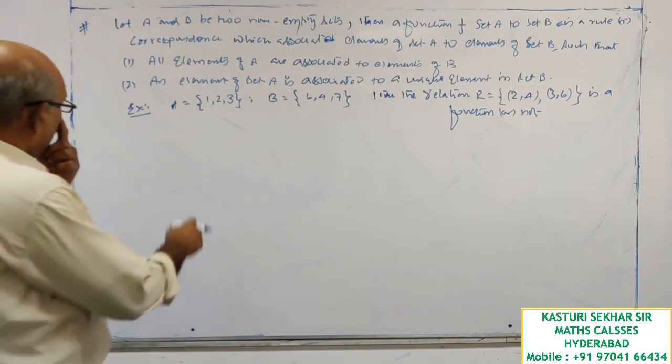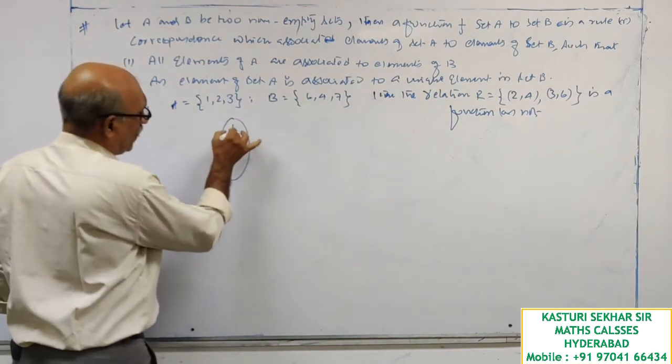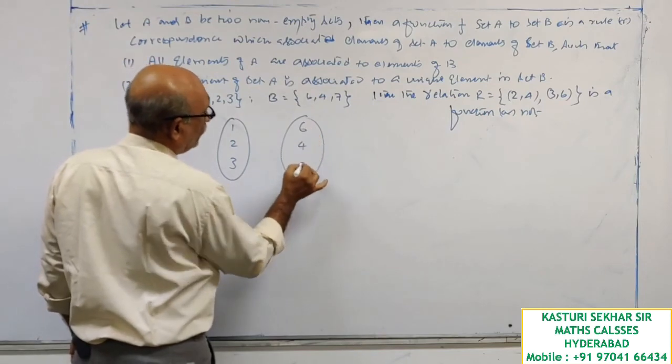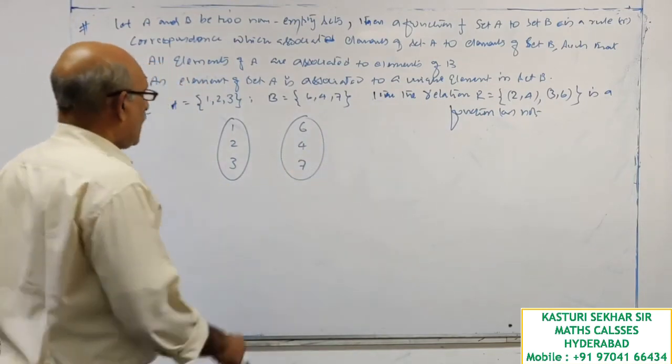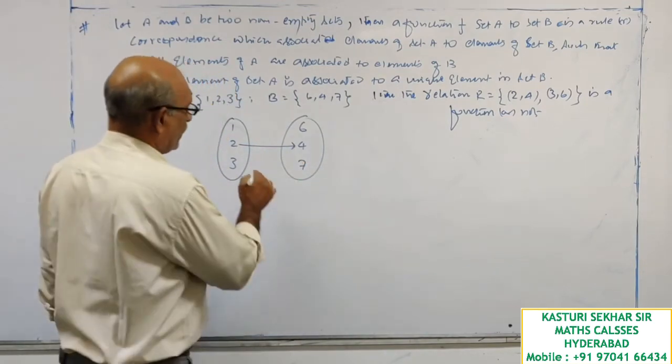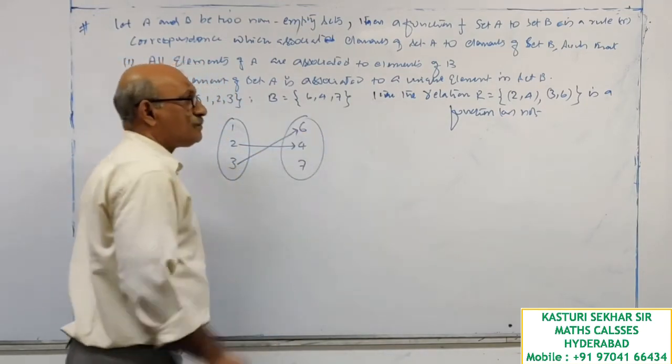Let us see, sir. Set A 1, 2, 3. Set B 6, 4, 7. 2 is associated to 4. 3 is associated to 6.